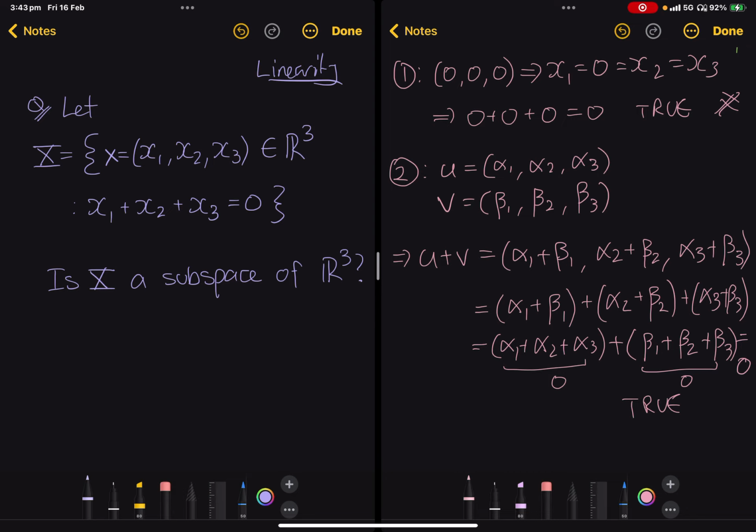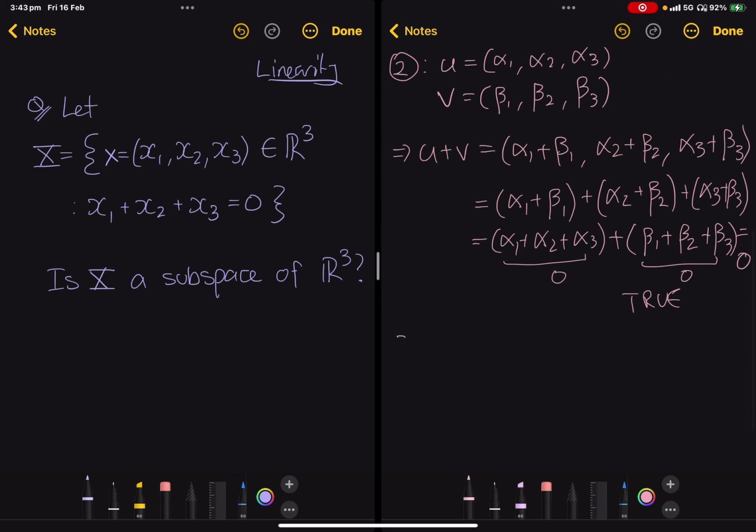Now the last thing we need to check for is closure under scalar multiplication. So for part 3, we're going to set up some vector, let's call it u, and we'll define this vector first. This will be alpha 1, alpha 2, alpha 3. Then we'll set up some constant, let's call it c.